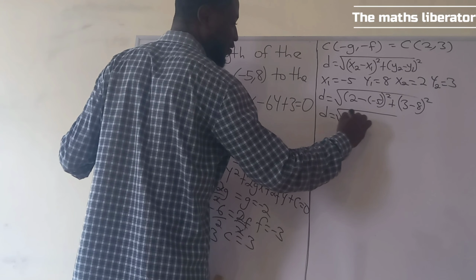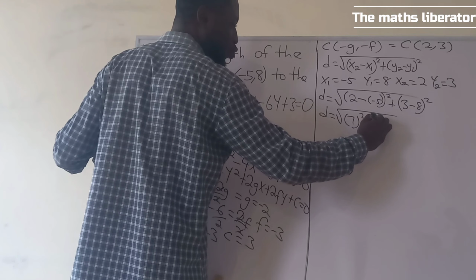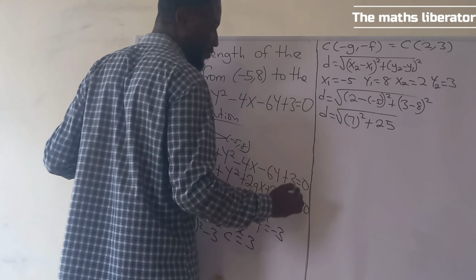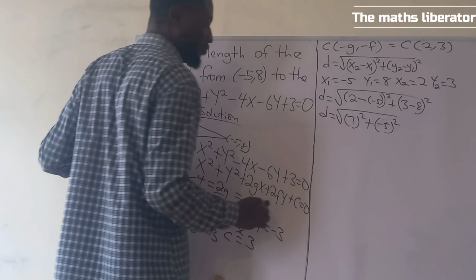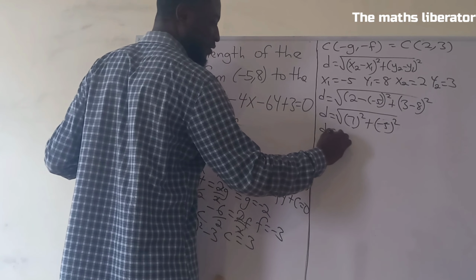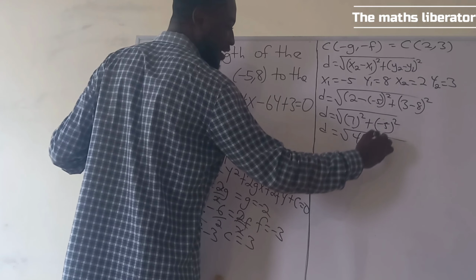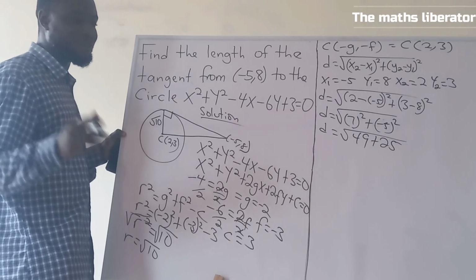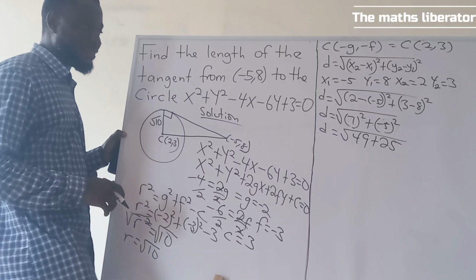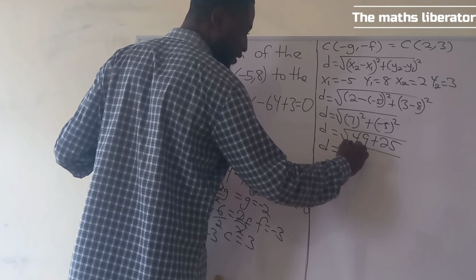So 7 squared plus 3 minus 8, which is negative 5, squared. 7 squared is 49, and negative 5 squared is 25. 49 plus 25 is 74.